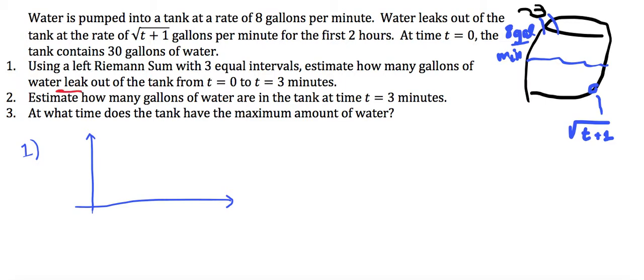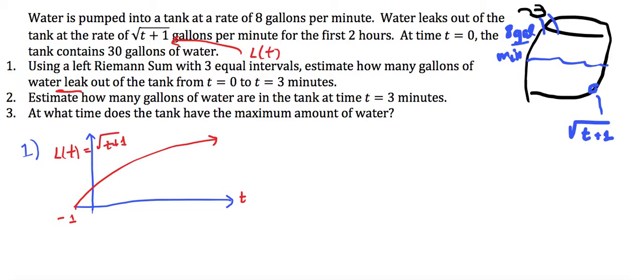This function, the square root of t plus 1, is the square root function shifted 1 unit to the left, so it will look something like this. This is at negative 1 here, and this is t. I'll call this function L of t, for leaking. So L of t is equal to root t plus 1.